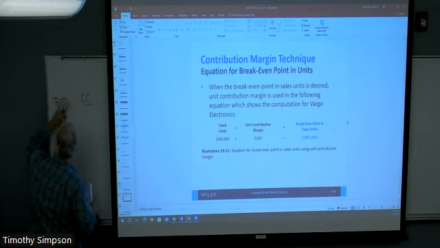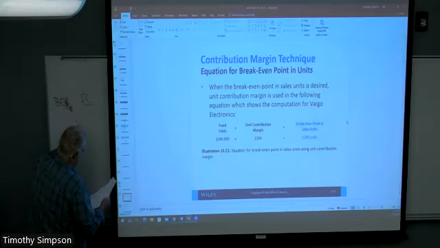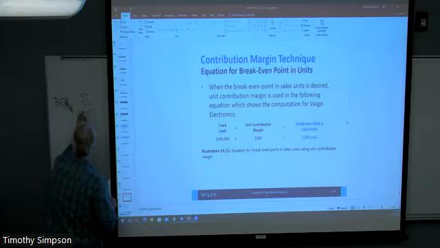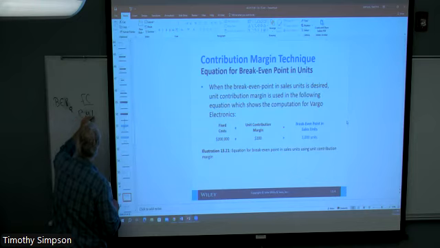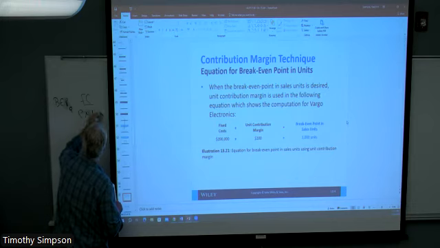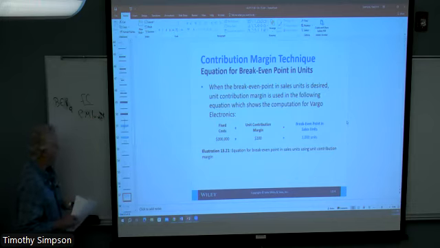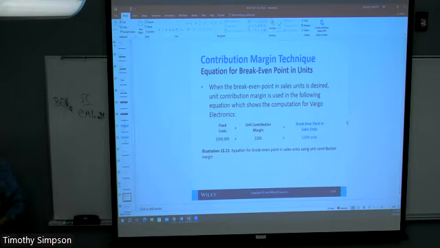We're talking about break-even point in terms of quantity. It's fixed costs over the contribution margin per unit. In this case, it's $200. And that's an important relationship. It's one that I think you want to put a star by and highlight, and you're going to be using it throughout the term here.